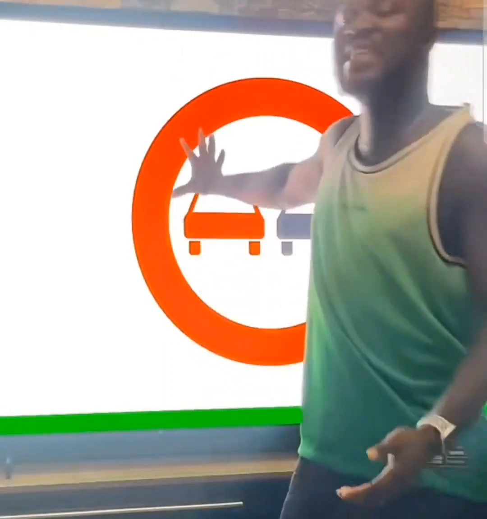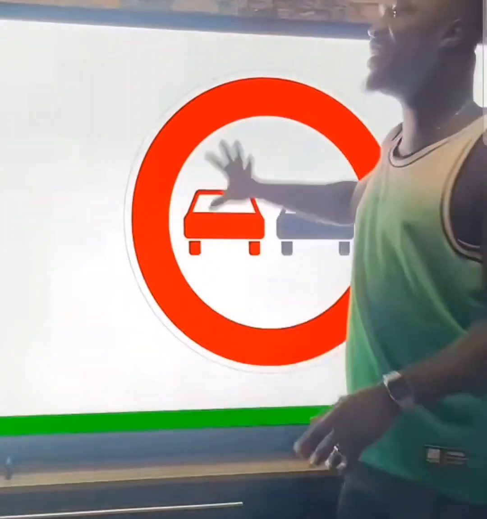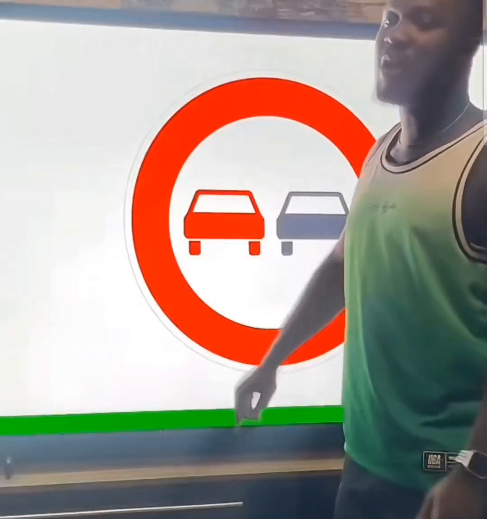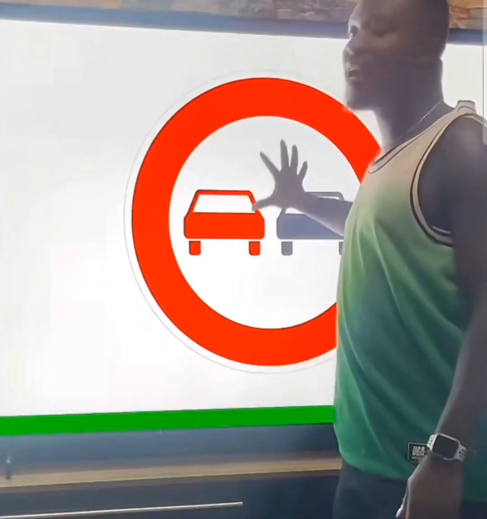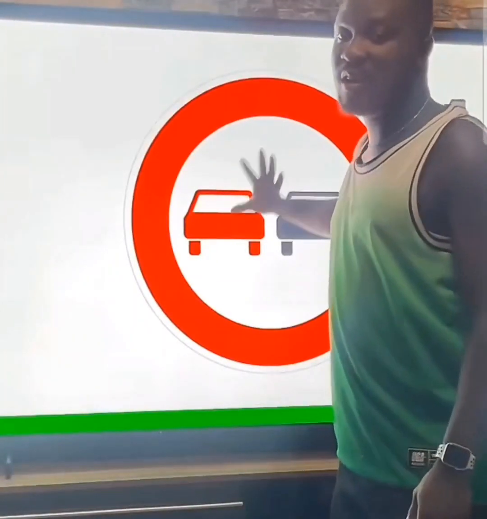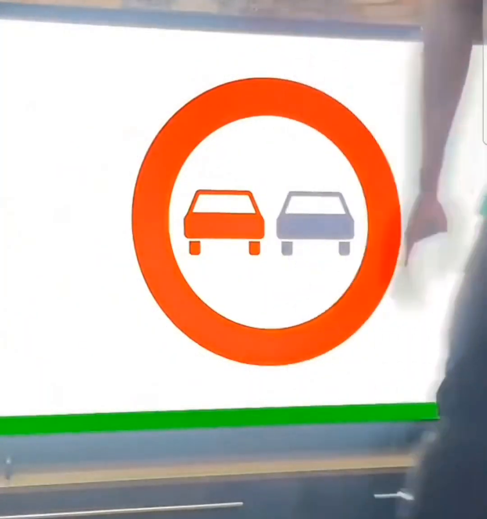That means a motorcycle that has 2 tires, 2-wheeler vehicles. You are allowed to overtake it because this sign allows you. But when you see this sign, you must remember you cannot overtake a car. Do you get it? All right?